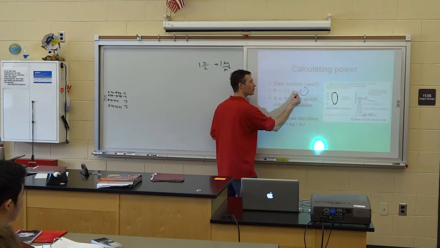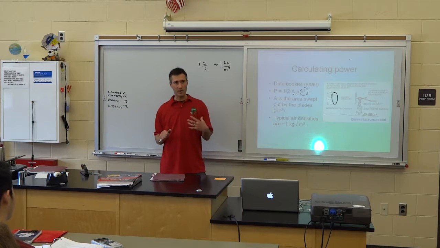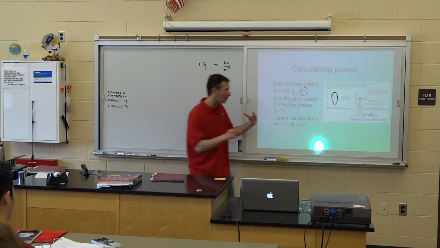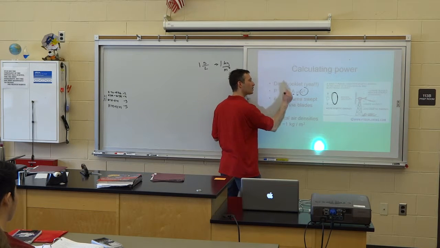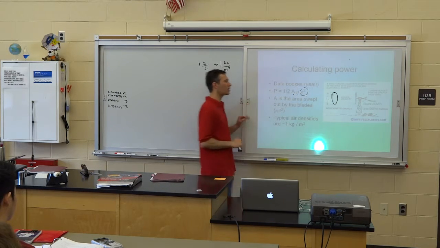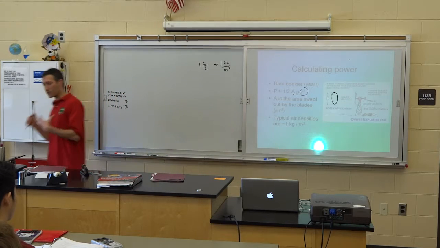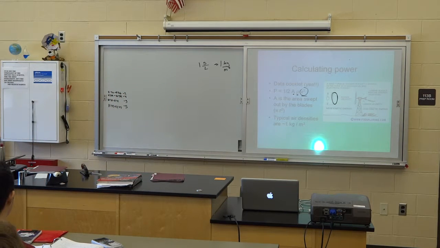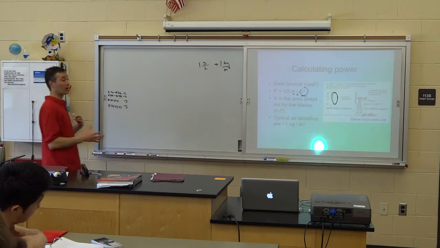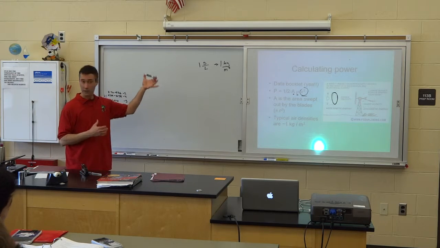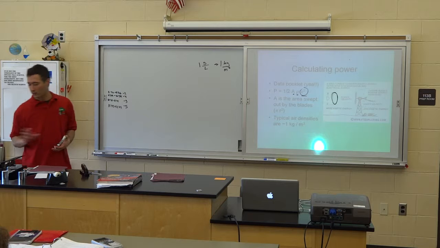I think we can appreciate why we're using the density of the air, because that's part of how many molecules are going to be pushing on the turbine blades, but I don't think we appreciate why we have the airspeed cubed showing up there. So in your groups, can you take just 20 seconds and see if anybody has an idea for why the airspeed is showing up at all, and then why we're actually raising it to the 3rd power? Go ahead.